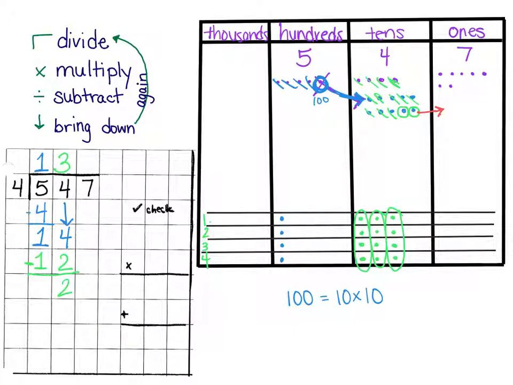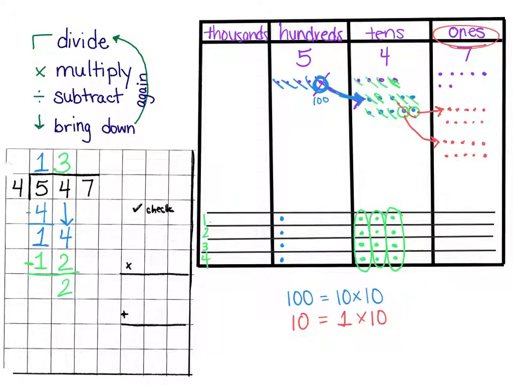So 1 in the tens column is the same as 1 times 10 in the ones column. So each of these tens is worth 10 ones. I have 5, 6, 7, 8, 9, 10. And then I have this one, which equals 1, 2, 3, 4, 5, 6, 7, 8, 9, 10.